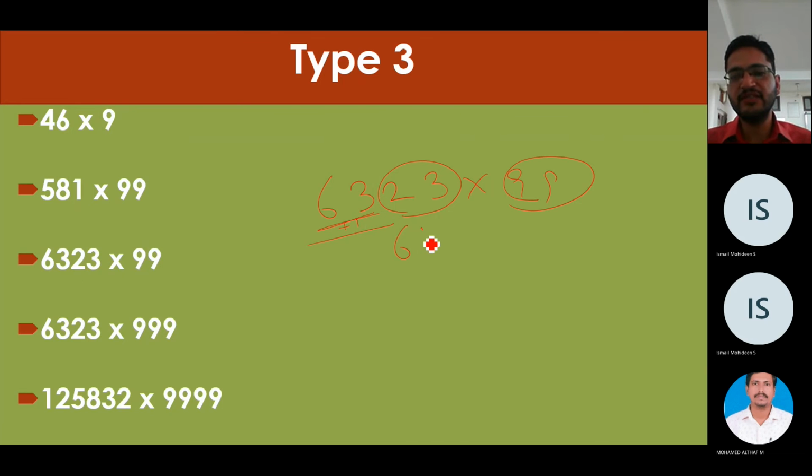Now I will subtract 64 from the whole number. 5, 2, 6. Now in the third step I will find the complement of 23. That is 7, 7. So the answer is 625977.